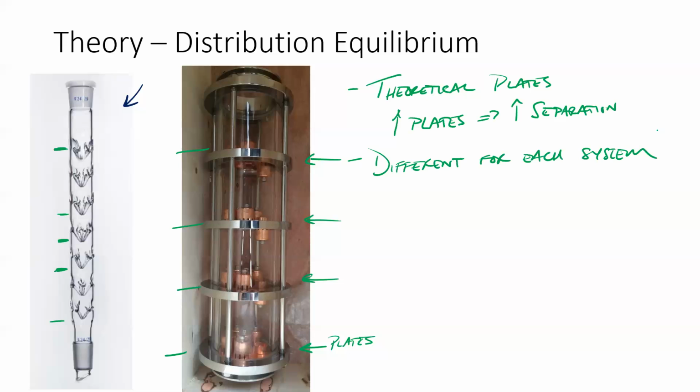Even with the same column and the same HPLC instrument, if I run one sample on it versus another sample, those samples are going to come off with different theoretical plates because they interact with the column differently.